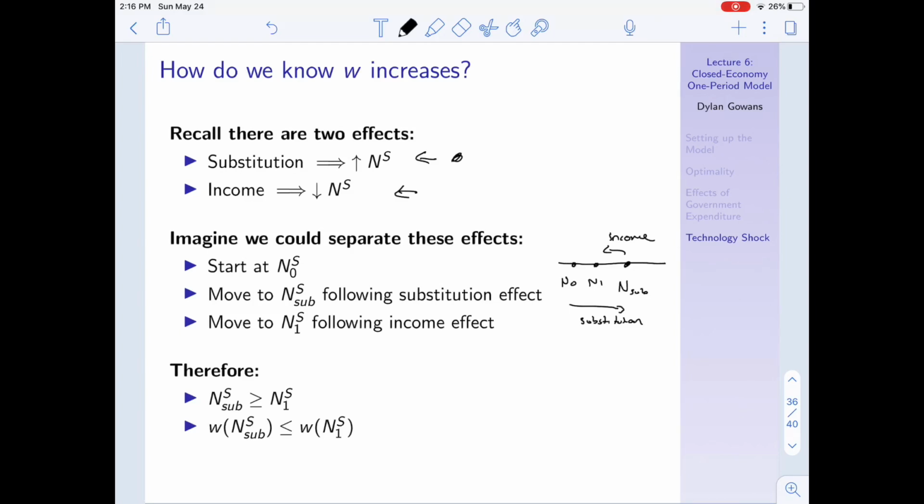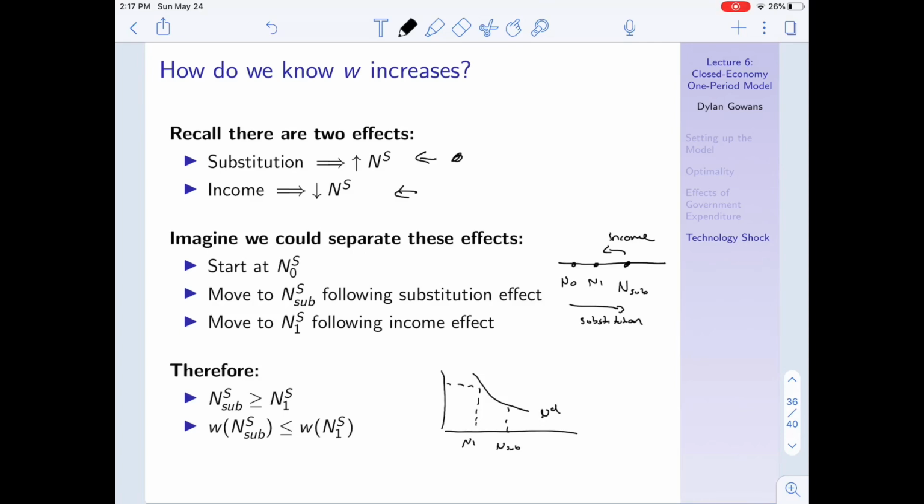So notice that N sub, the amount of labor I work after just the substitution effect, has to be greater than or equal to N1. You see it also here. That's what we saw there. And because I have a downward sloping labor demand curve that looks like this, here's my N sub, here's my N1.